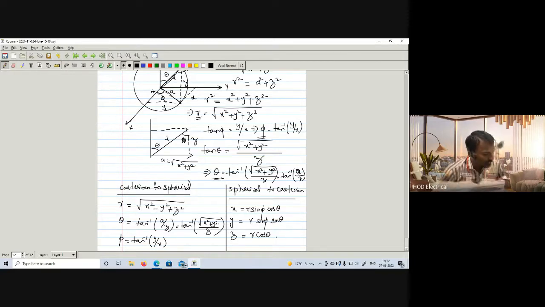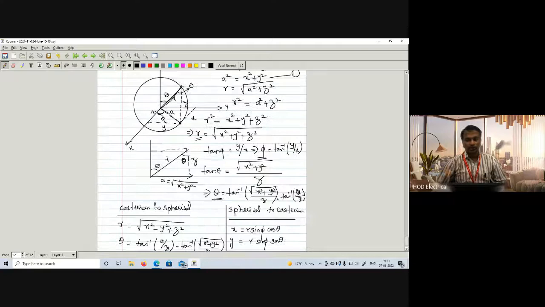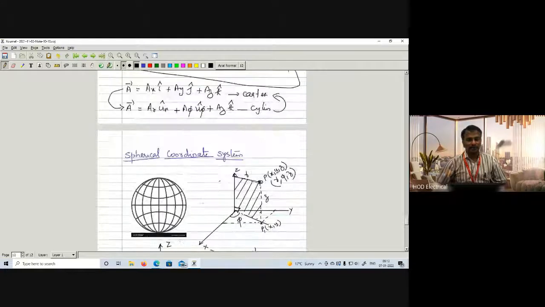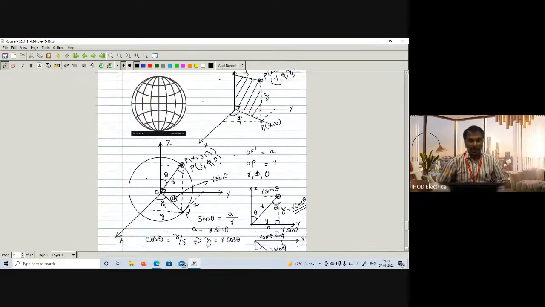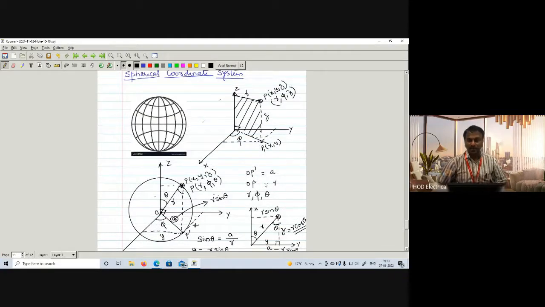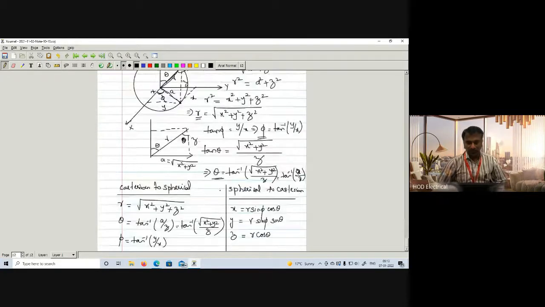So with this we can conclude how one can convert Cartesian to spherical and spherical to Cartesian. I hope this is understandable. First we considered the Cartesian coordinate system, how one can convert to cylindrical, then how the same point is converted into the spherical coordinate system.